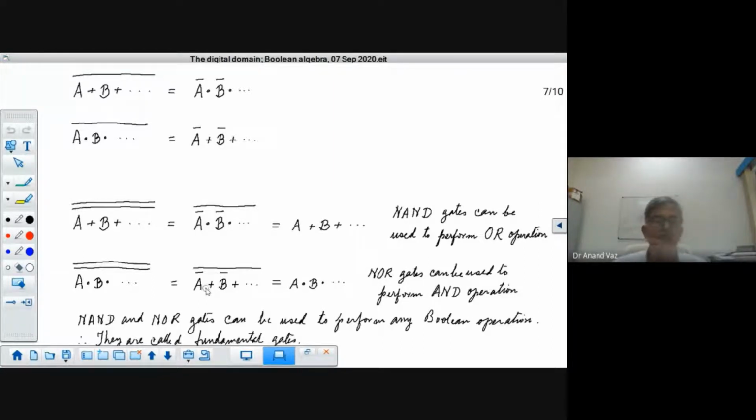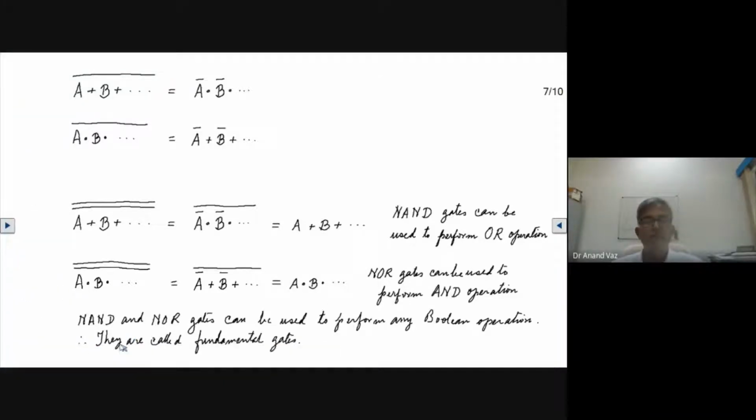Now NAND and NOR gates can be used to perform any Boolean operation, and so they are called fundamental gates. This is one important thing to keep in mind, that you can realize any Boolean operation using NAND and NOR gates.